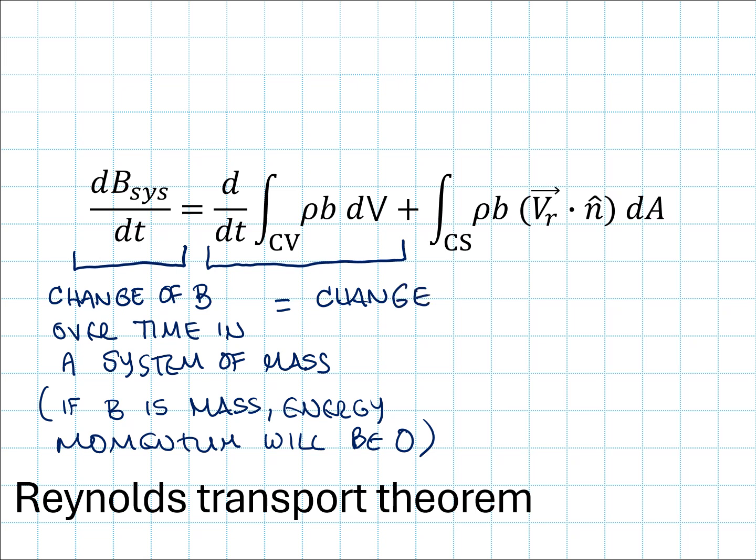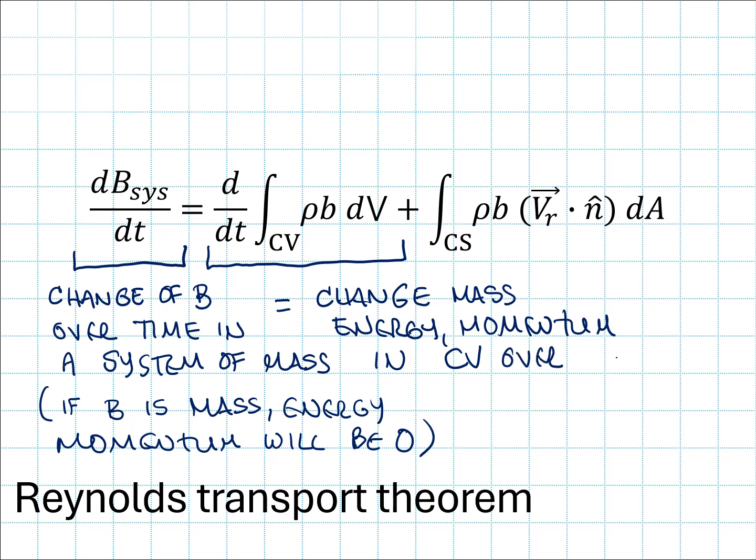It can be mass, it can be energy, it can be momentum, and this is in our control volume over time. So you can think of this as the storage of mass or energy or momentum inside the control volume.